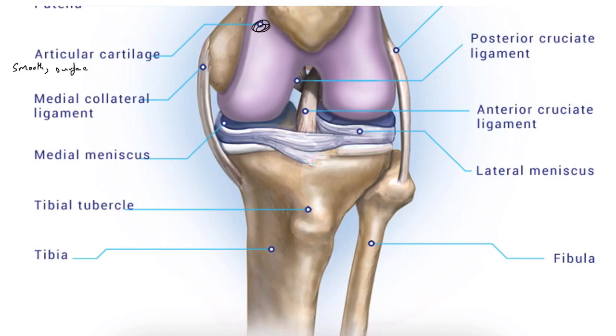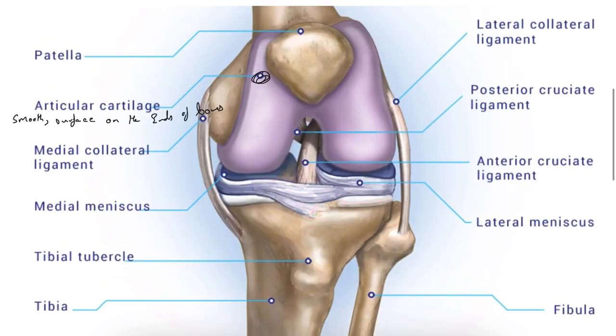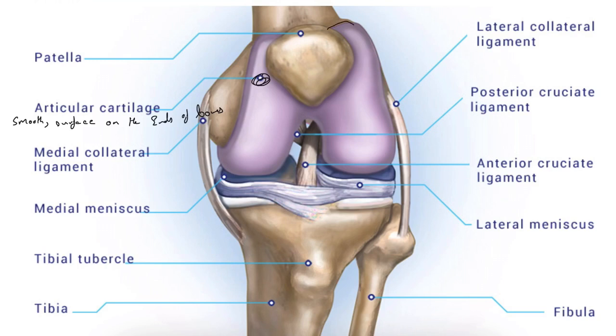surface on the ends of bones. If you are seeing here, this is very smooth, this cartilage we call articular cartilage, and its surface we can mostly see on the ends of the bone.